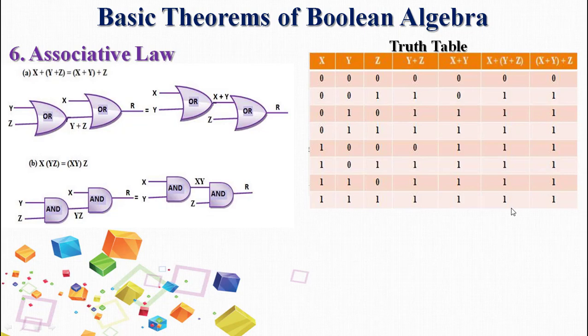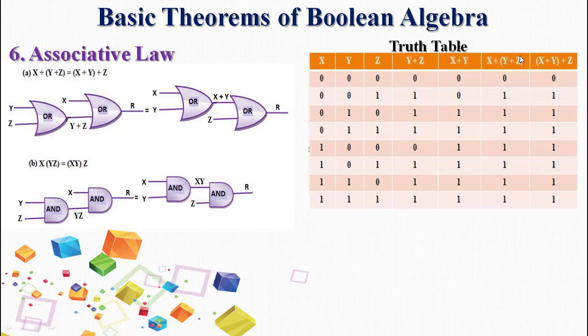Next we will add this expression with the z. So it is 0 plus 0 is 0, 1 plus 0 is 1, 0 plus 1 is 1, 1 plus 1 is 1, 0 plus 1 is 1, 1 plus 1 is 1, 0 plus 1 is 1, 1 plus 1 is also 1.